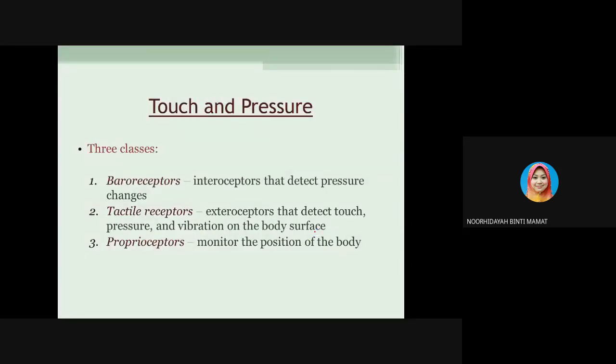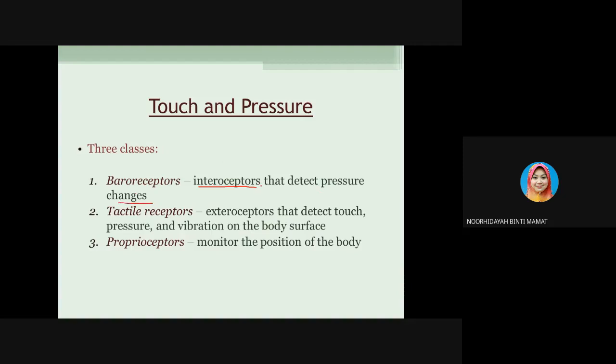There are three classes in touch and pressure. The first one is the baroreceptor, the second is the tactile receptor, and the third is the proprioceptor. The baroreceptor is actually an interoceptor that detects pressure changes.